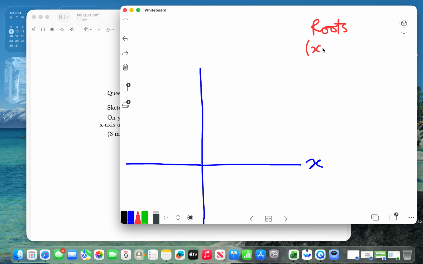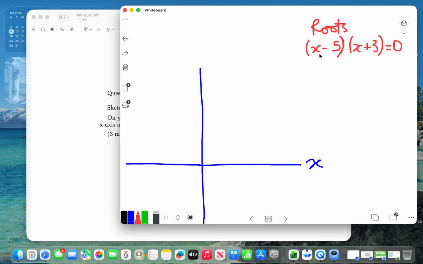So (x minus 5)(x plus 3) equals 0. And if one of these brackets equals 0, then the other one will multiply by that 0 to get 0.